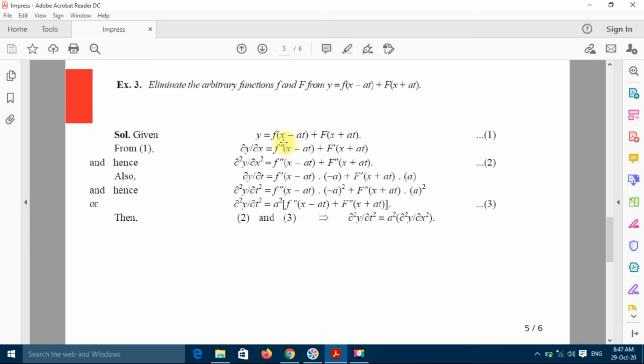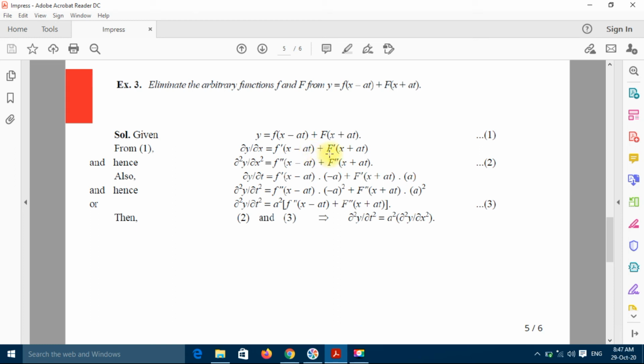Now differentiate equation 1 with respect to x. We get ∂y/∂x = f'(x − at), and the partial derivative of x − at with respect to x is 1, because the partial derivative of x with respect to x is 1 and the partial derivative of at will be 0 because t is an independent variable.